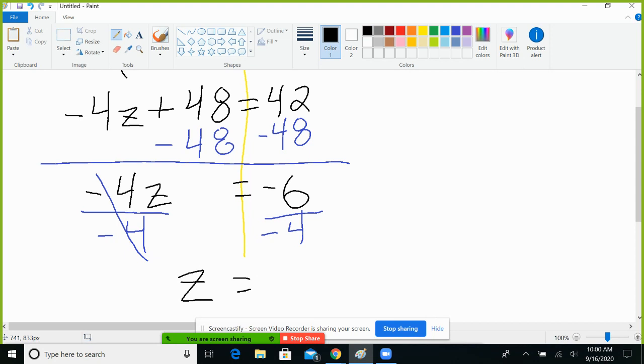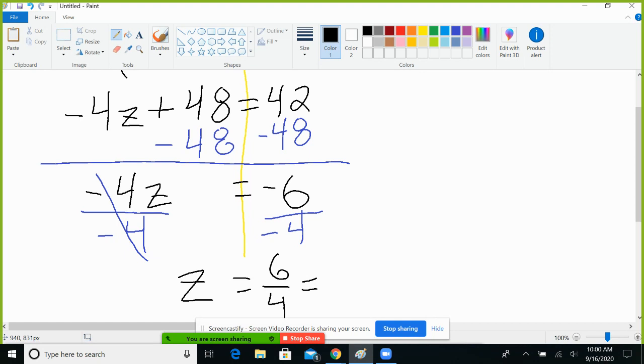What's negative 6 divided by negative 4? Nope. You're absolutely right. Negative and a negative equals a positive.